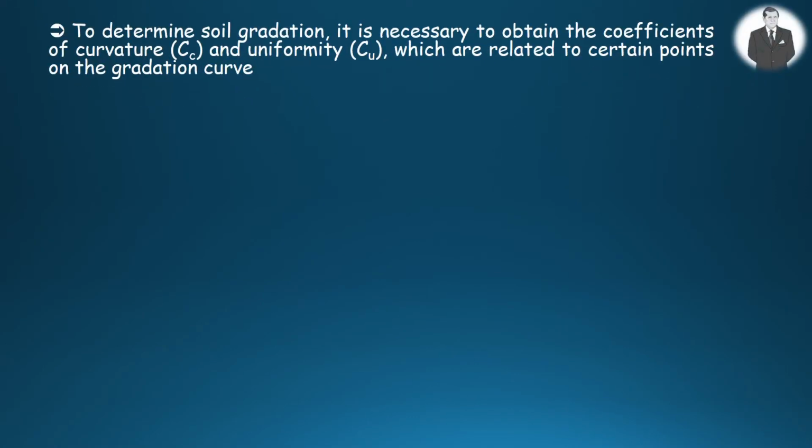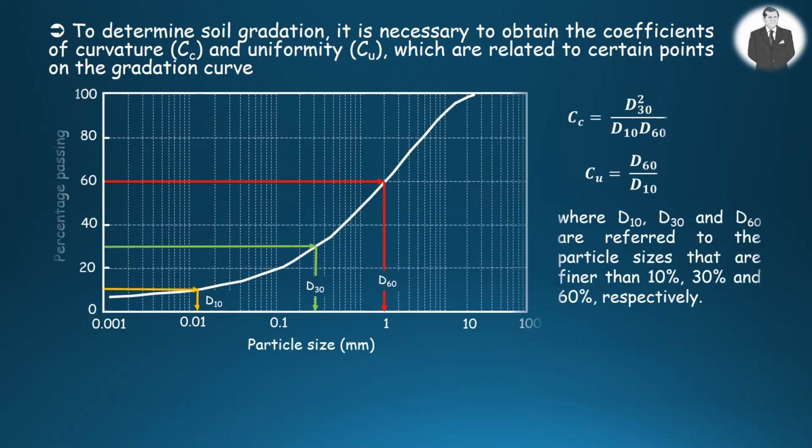To determine soil gradation, it is essential to obtain the curvature and the uniformity coefficients, which are associated with certain points on the gradation curve. C sub C is the ratio between d sub 30 squared and d sub 10 times d sub 60.